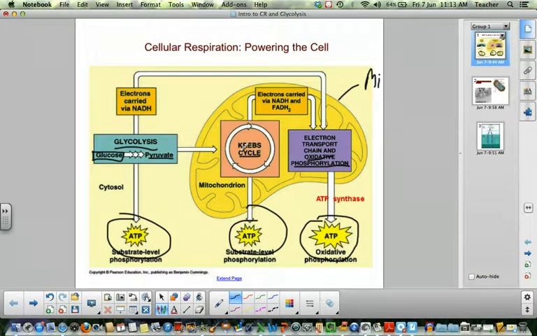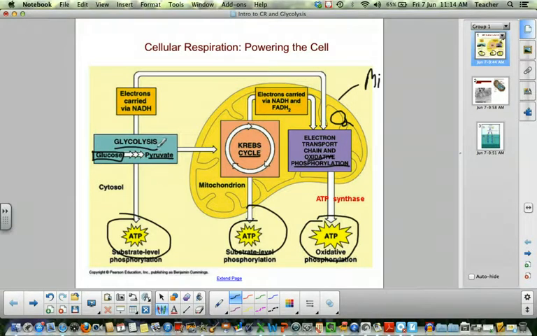It goes through the Krebs cycle, and minimal amounts of ATP are produced during glycolysis and the Krebs cycle. Then we get to the end part here where oxygen is inputted, and that's where we get the vast majority of our ATP through oxidative phosphorylation.